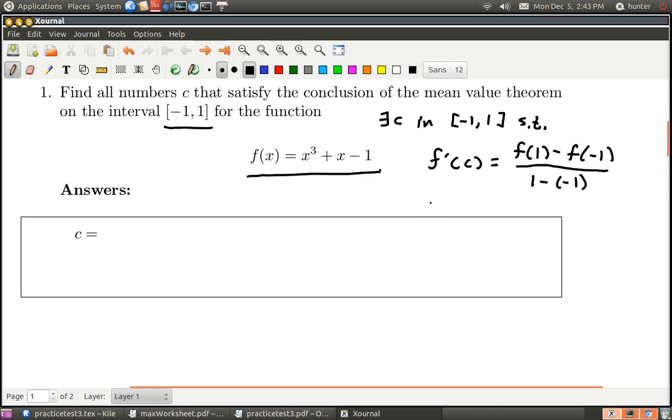Okay, so the existence of this c is what the mean value theorem is saying.